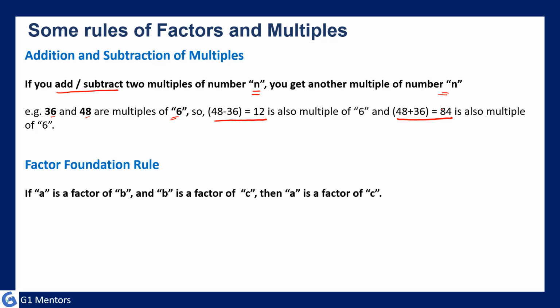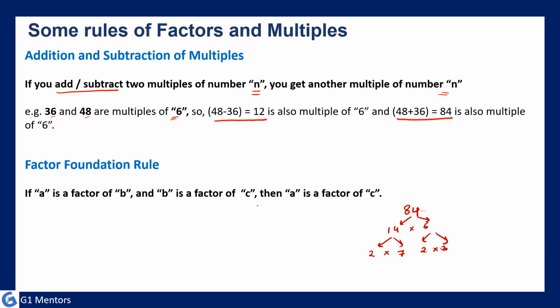Another rule is the factor foundation rule. If A is a factor of B and B is a factor of C, then A is definitely a factor of C. Let's take the example of the number 84. 84 is nothing but 14 times 6. And 14 is 2 times 7, and 6 is 2 times 3.